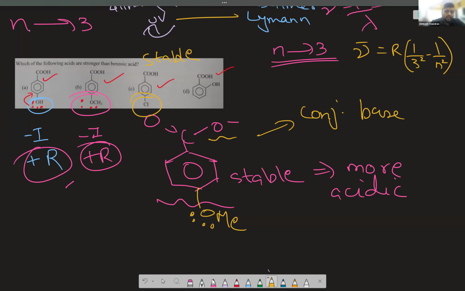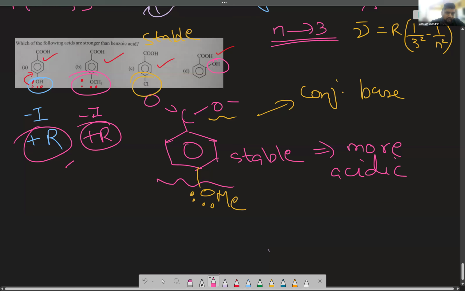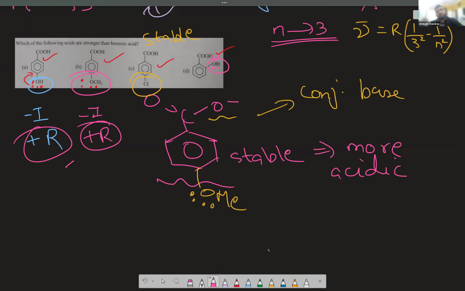Now here, the interesting part is we have OH here, right? This is called the ortho position. And anything at ortho, of course, I do understand it is OH, so it has a lone pair and should have a plus R effect. We did speak about the plus R effect in the A molecule, but we are not going to speak about that here because it has that effect everywhere.